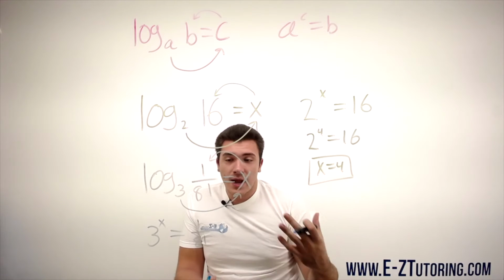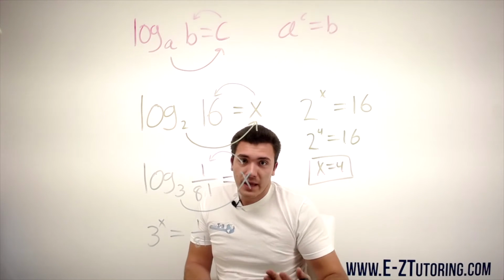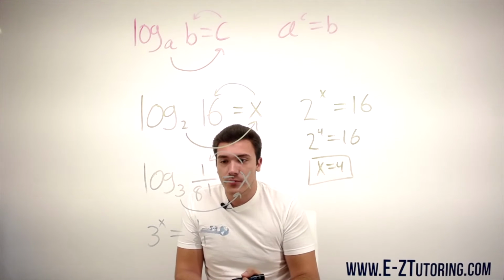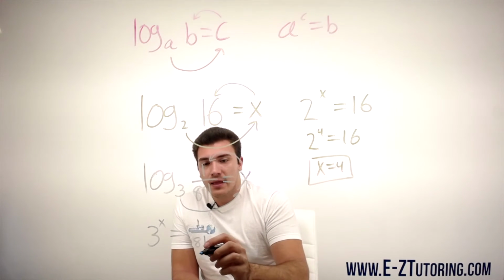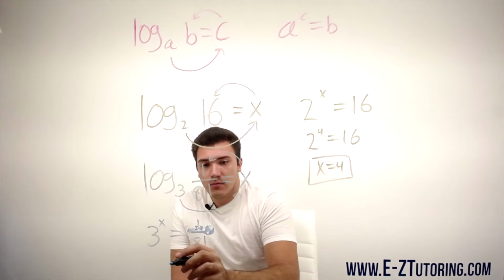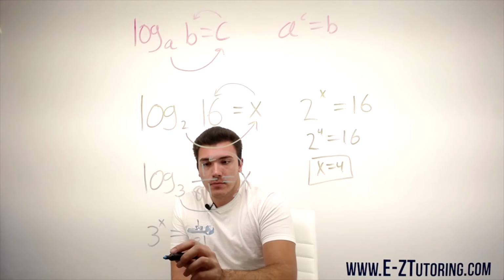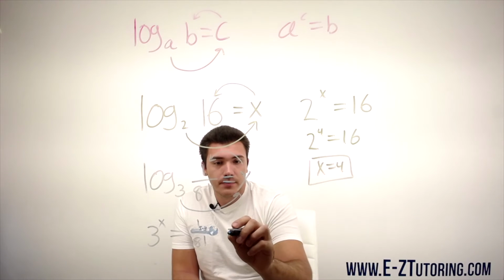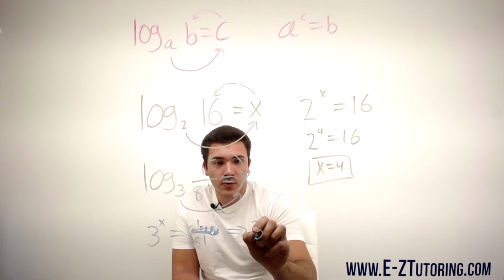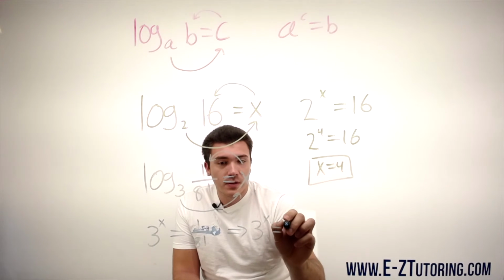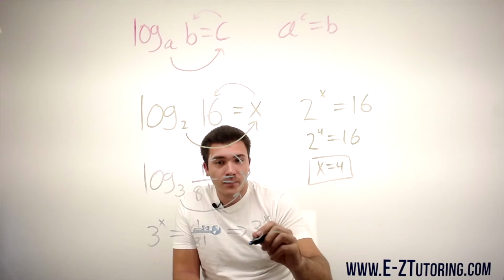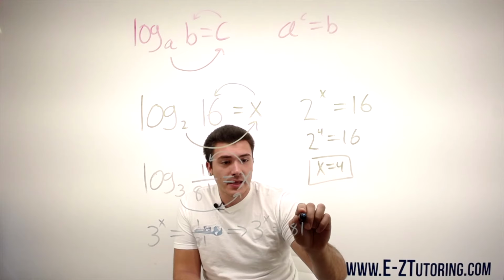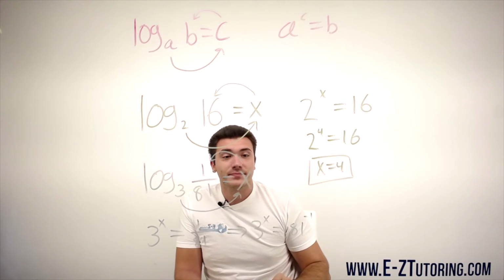So you can either do this using mental math and just make the exponent negative, or you can actually switch this around and we can say that 3 to the x equals, instead of 1 over 81, we'll flip this and put a negative on its exponent, and we'll say negative 1.